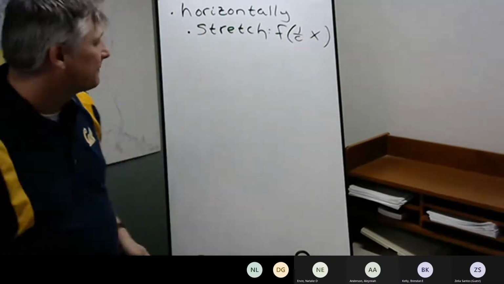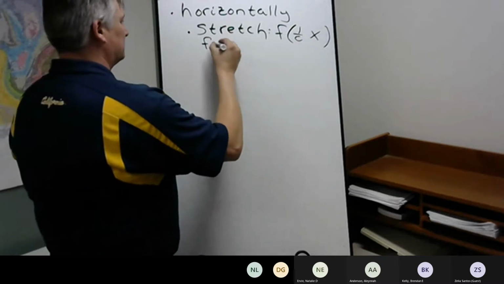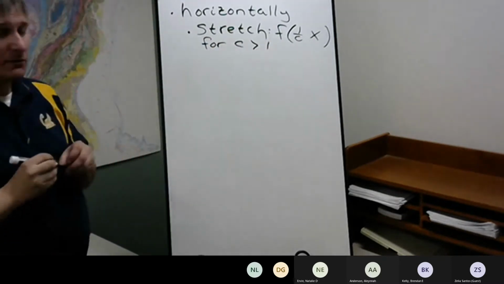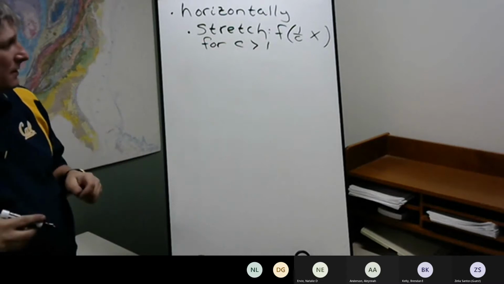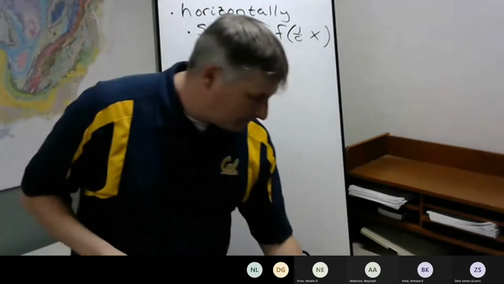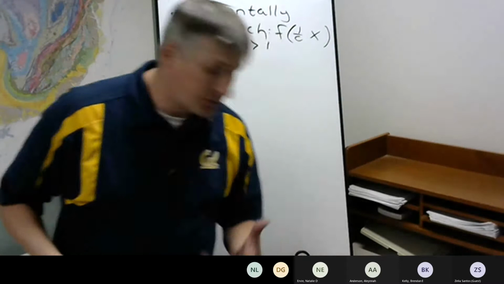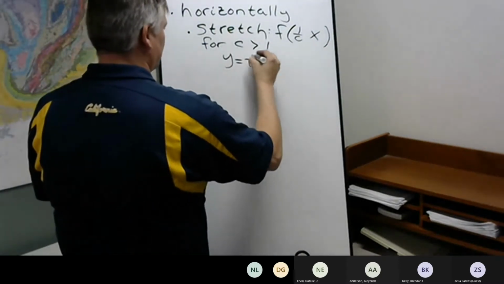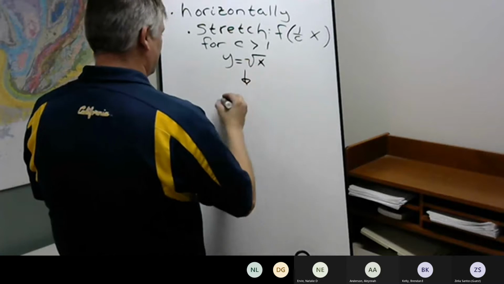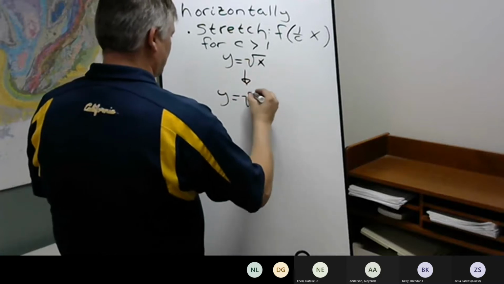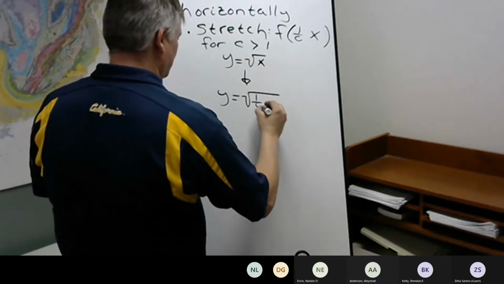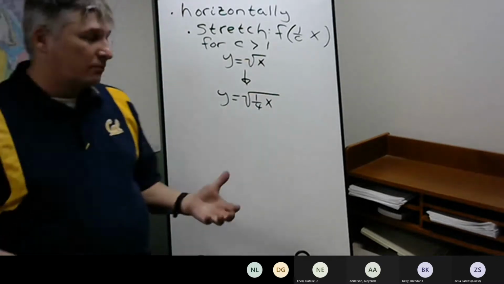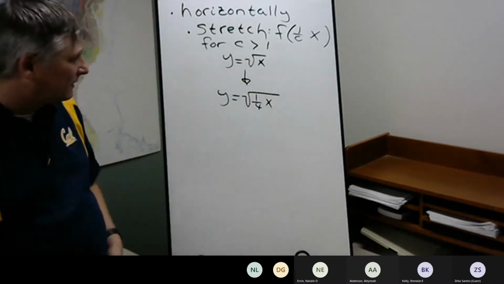It's part of the input. And again, for c greater than 1. So we're going to use our square root of x. Y is square root of 1 over 4x.